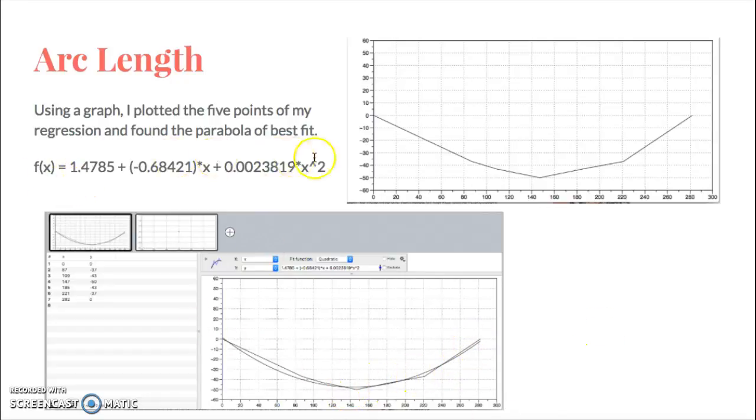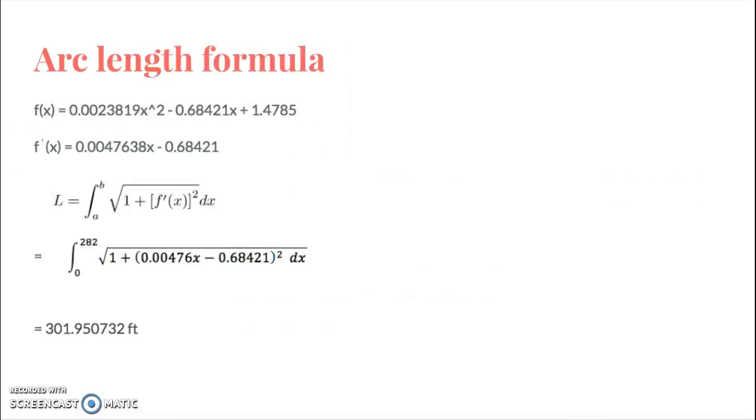And so the equation that the app gave me is this one right here. And then using the derivative of this, I will use the arc length formula. So again, the equation is 0.0233819 x squared minus 0.684221x plus 1.4785. And so the derivative of that is 0.047638x minus 0.68421.